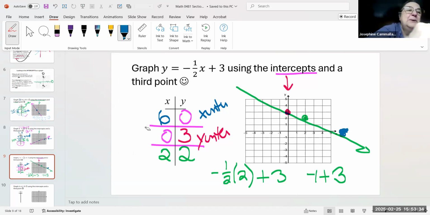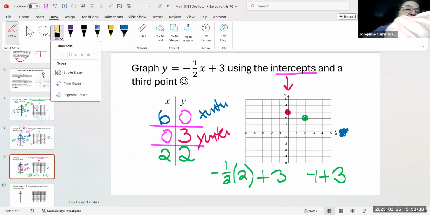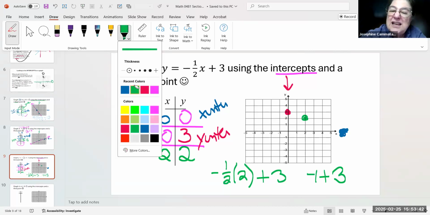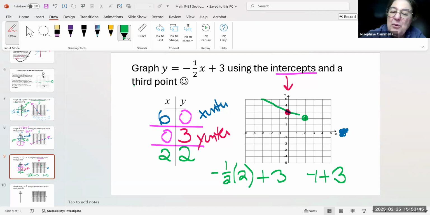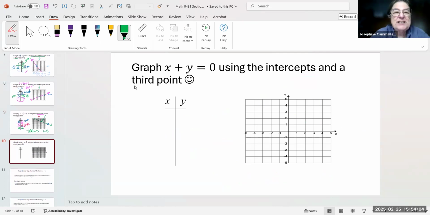Okay. Let's make a better line. Okay. Because see, if I go here, through here, through here, this point confirms that the blue and the red point are in the right place. Okay. Now, this one's kind of interesting.